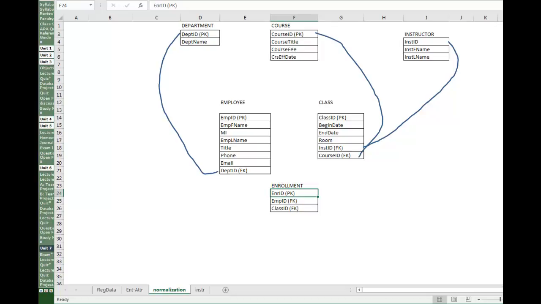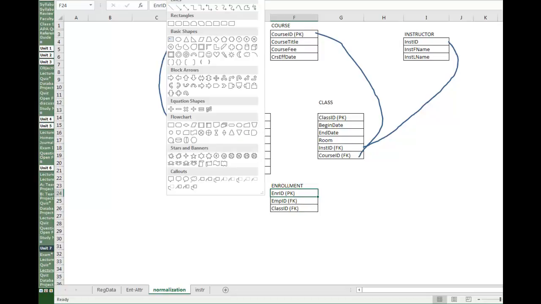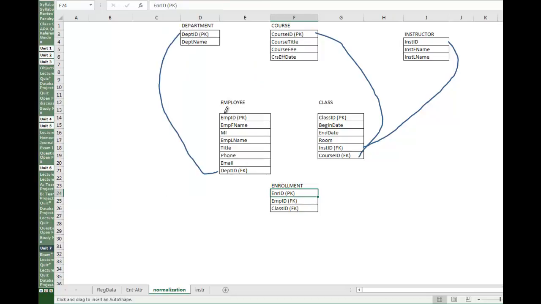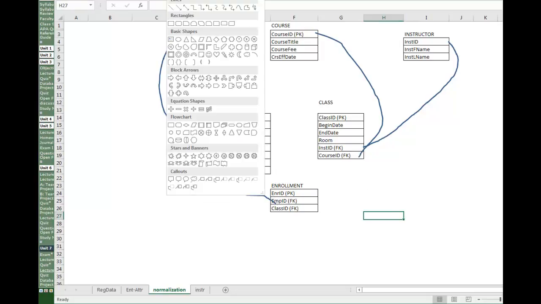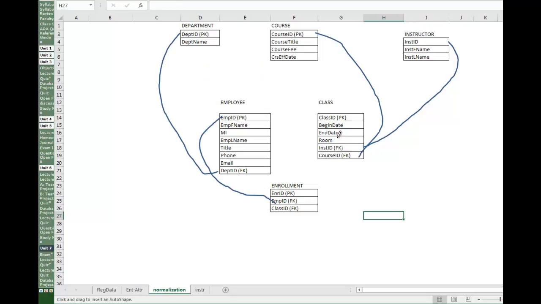So again, I am going to make sure that my employee ID goes with employee ID here, and that my class ID goes with class ID here.